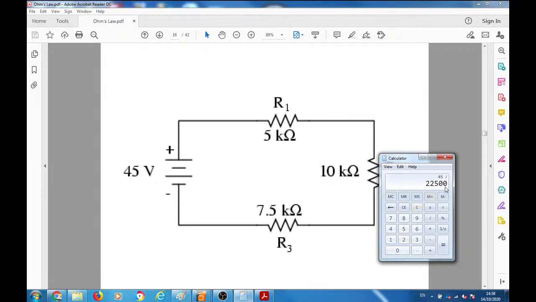That would be the resistance in a normal number, not expressed in K. When I put this in, I get not 2 ampere, but 2 milliamps. It's very, very important. It's a mistake you can make quite easily. So it's going to be 2 milliamps. When I type it in, it would be 2 and then a little m and a big A.